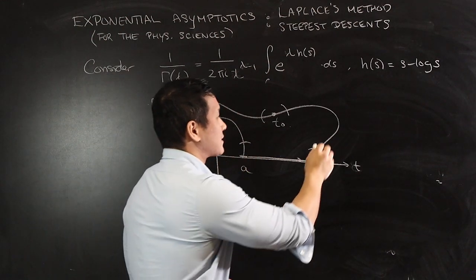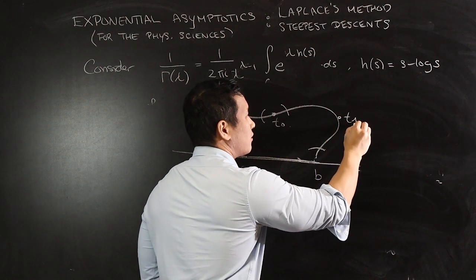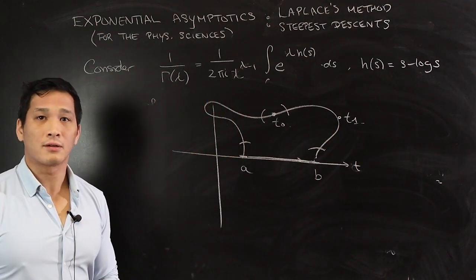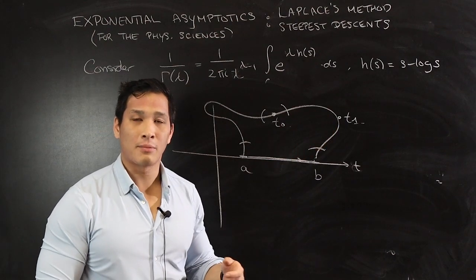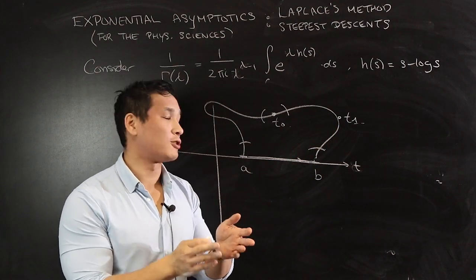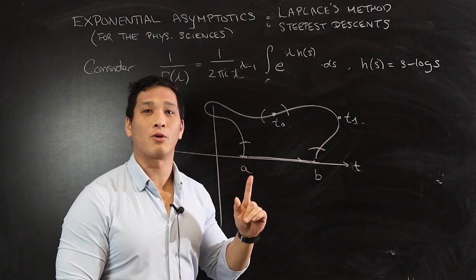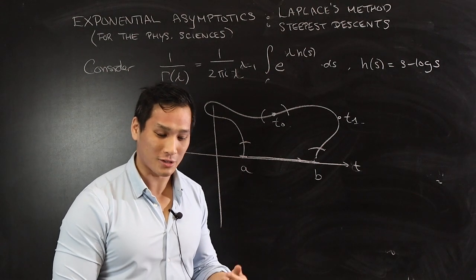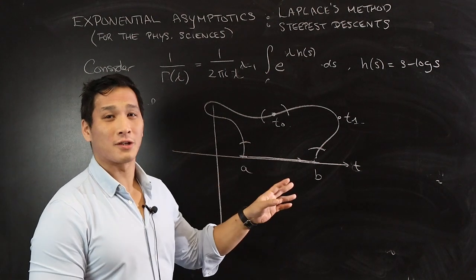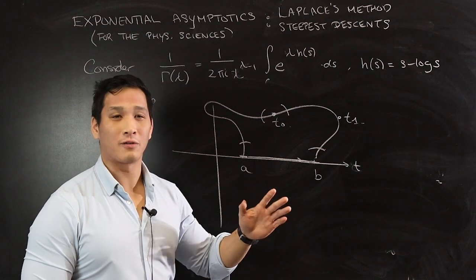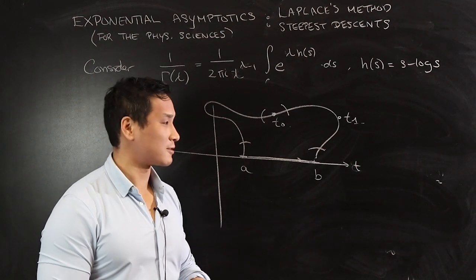And if you pass through multiple critical points, saddle points, you should include those as well. But if you just want the leading contribution, you just need to figure out what's the point that contributes the largest to that integral. And that is a subtlety which is going to be involved in our discussion of exponential asymptotics.